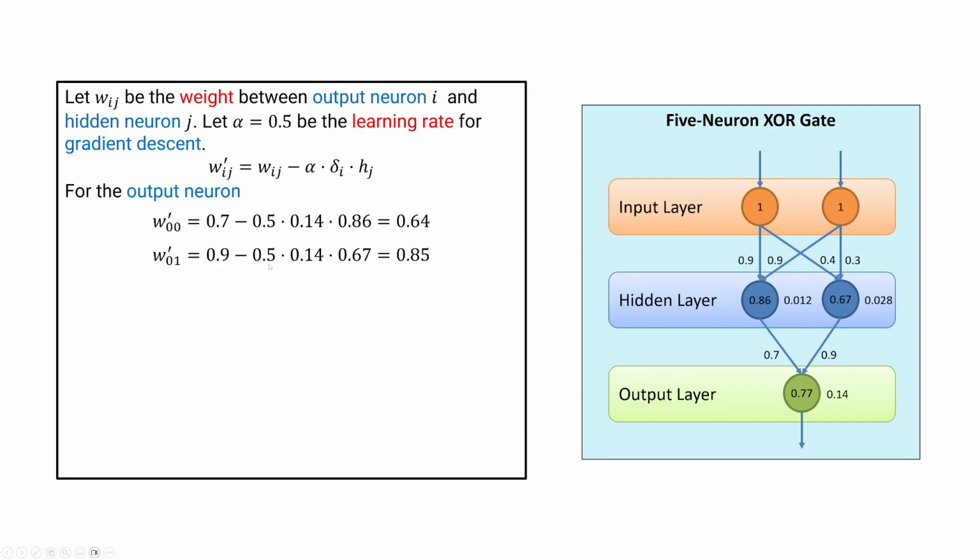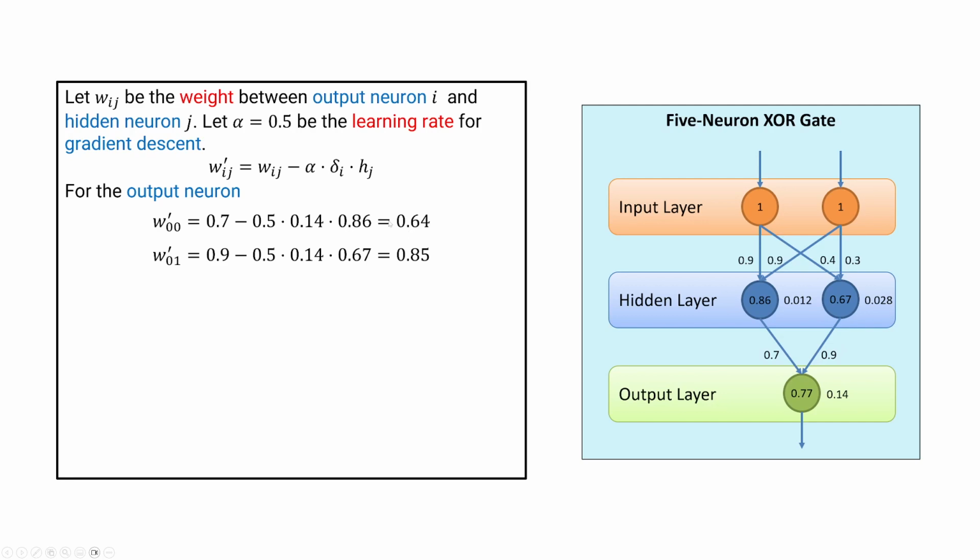Now you'll notice here that at least for this neuron, all the incoming ones are going to have the same delta and will usually have the same learning rate. And so what that means is we're weighting the changes of the weights based on how strongly the associated neuron was firing. So since this first hidden neuron was firing more, 0.86, than this one, 0.67, the change we're going to make along this connection is going to be bigger than the one we made along this connection.